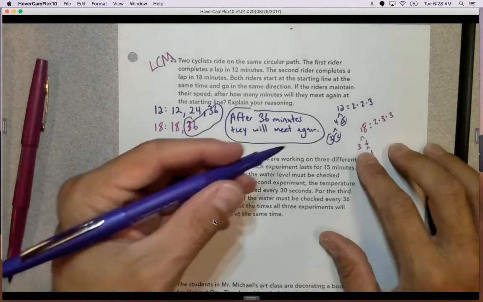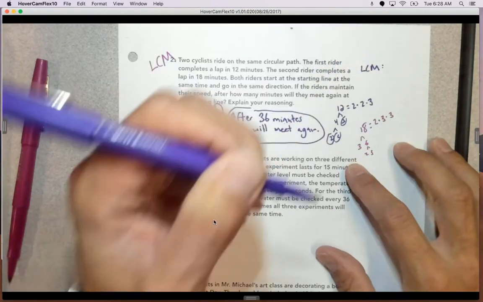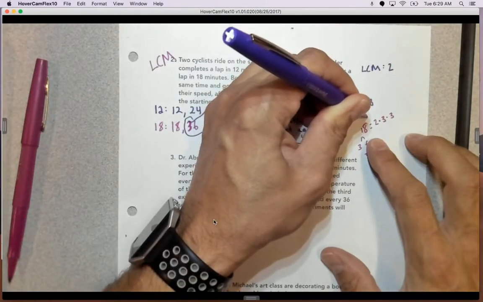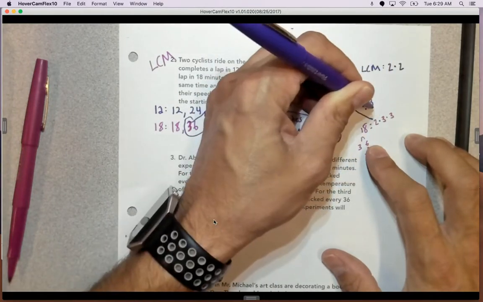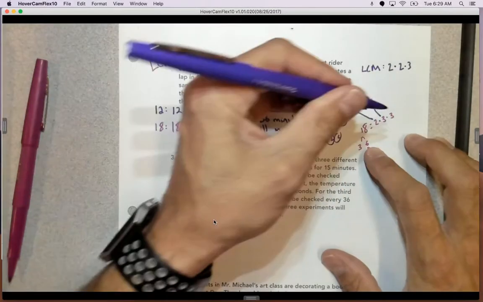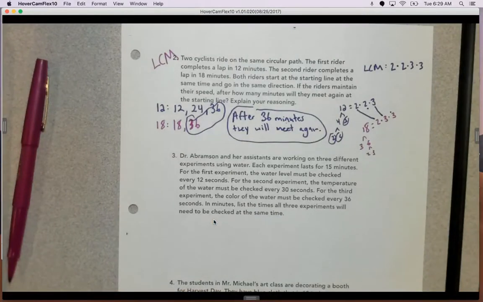So there has to be a 2, and that covers this 2 and this 2. There'd have to be another 2 to cover this 2. There'd have to be a 3 to cover this 3 and this 3. And then there'd have to be one other 3 to cover this 3. And so we double counted the 3s, and we double counted that first 2.